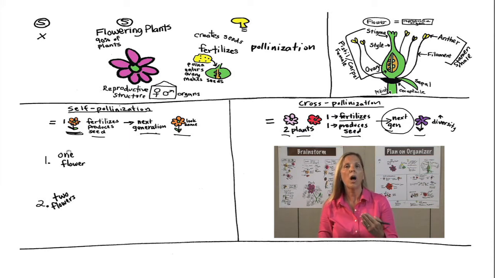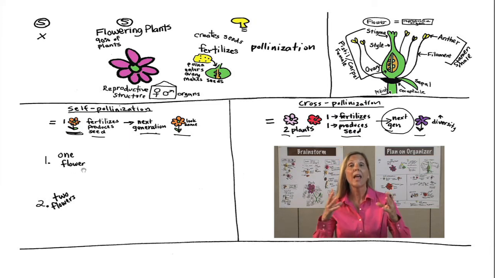Do I need to tell why, how, what else, when, where? So we have our 1 flower, and now I need to explain how that 1 flower self-pollinates. I just listed, and it didn't have to be in order, but within my list, I'm going to explain how 1 flower self-pollinates.